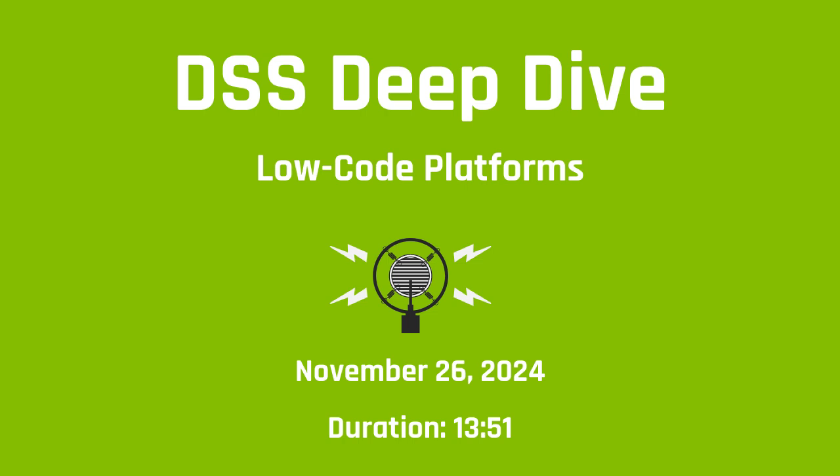Exactly. So we've talked about the general benefits of low code, but let's focus on Jmix specifically. What are some of the features that make it stand out? One of the most impressive things about Jmix is its model-driven development approach. So what does that mean exactly? Think of it like having a blueprint before you start laying bricks. In Jmix, you create a visual model of your application first.